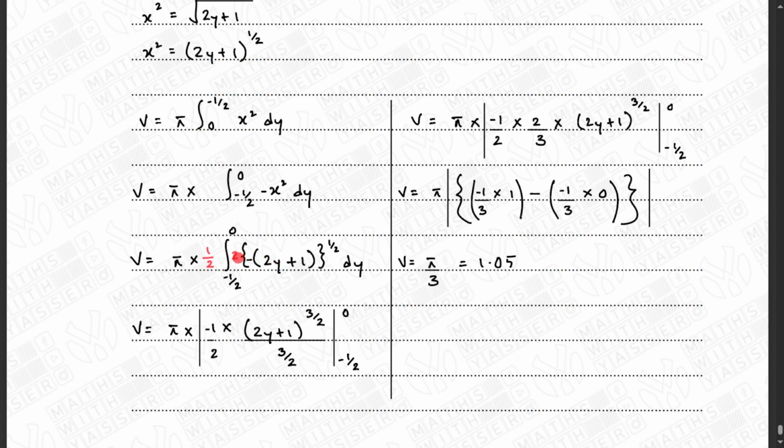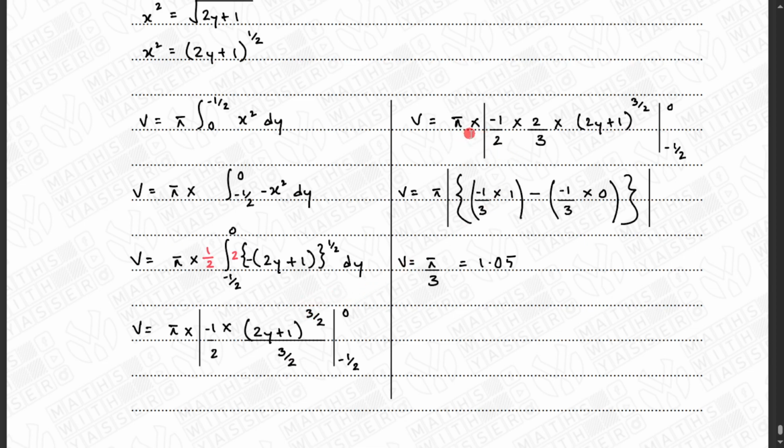So we bring 2 over here and we balance the equation again by multiplying with half outside. Then we are left with integrating the power only, which gives us half plus 1 is 3 over 2. In the denominator, we will have 3 over 2. So it will be minus this half and then (2y plus 1) to the power 3 by 2 over 3 by 2.